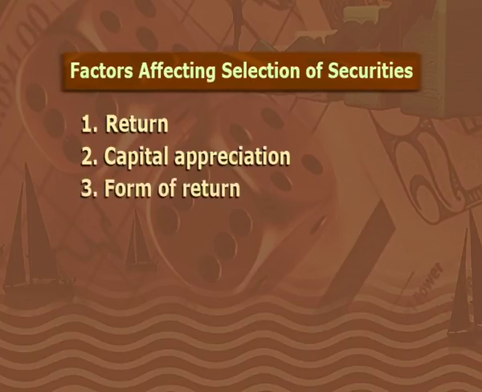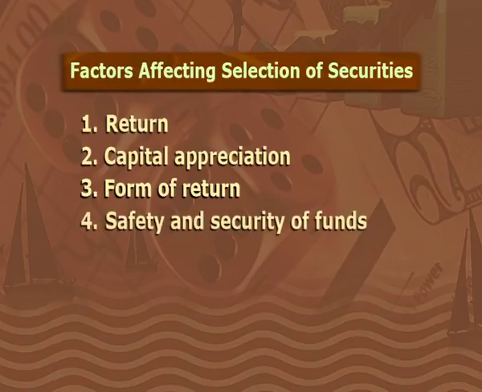Number 3, form of return. The form of return may be expected in two ways: periodic receipts such as cash dividends in case of stocks and interest incomes in case of bonds, bank deposits, etc. Capital gains refers to the difference between purchase price and selling price of an asset.